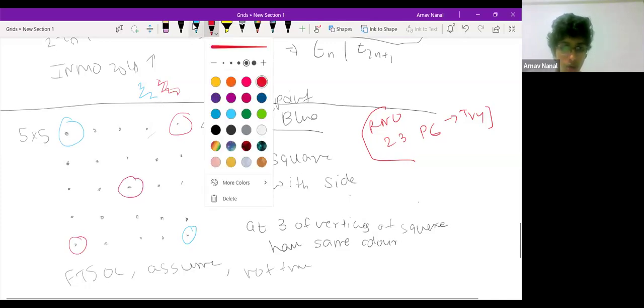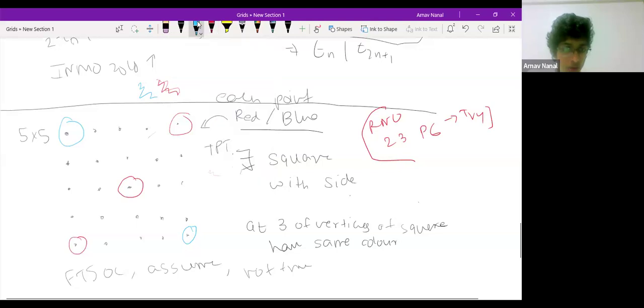So now what do you get? You get this, since this is a square, these points must be blue because you have assumed it's not true. Similarly, these points must also be blue. Oh, okay, sorry. Turns out that statement was correct. It has to be vertical and horizontal.